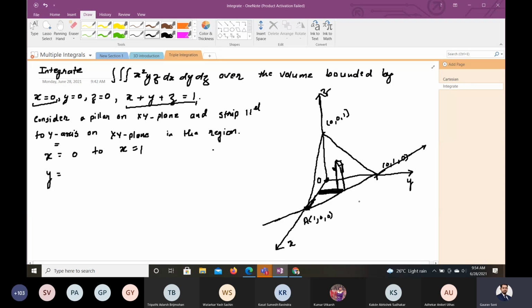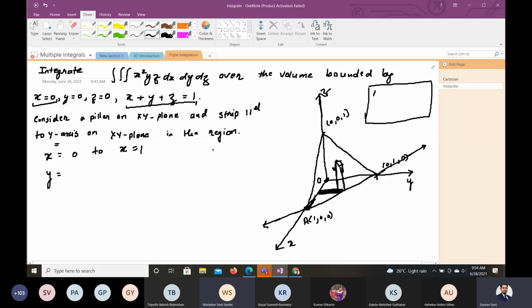On xy plane, what is the equation of xy plane? z equal to 0. So this line has to be, anyone? I will write it down here if you haven't listened properly. So x plus y equal to 1.